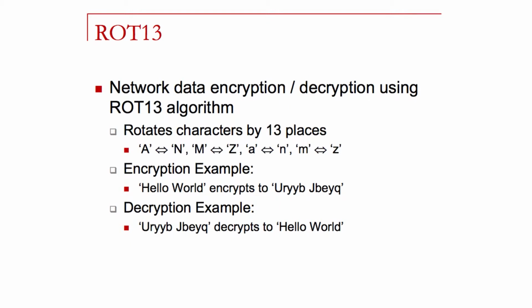So for example, the phrase hello world would encrypt to this unpronounceable thing that you see here on your slide, URYYB JBEYQ. And then if I want to decrypt it, I just shift the letters back another 13 characters so that then comes back as the decrypted hello world again.